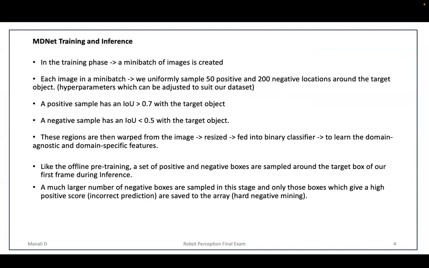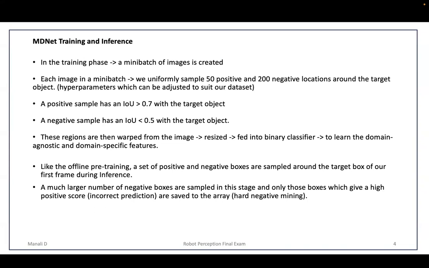Moving on to the training and inference. During the training phase, a mini batch of images is created, and for each image in this mini batch, we uniformly sample a certain number of positive locations around the target and a certain number of negative locations around the target. The number of locations can be set according to our data set.